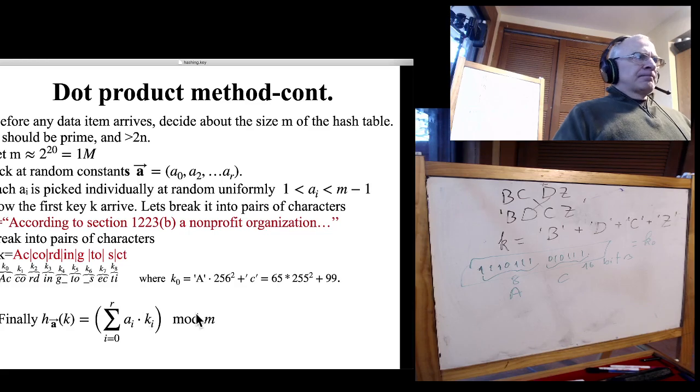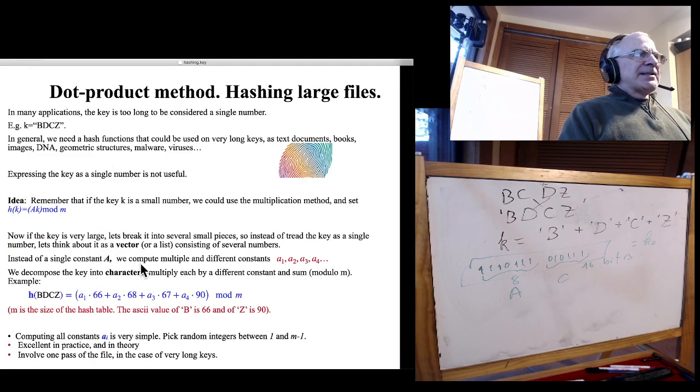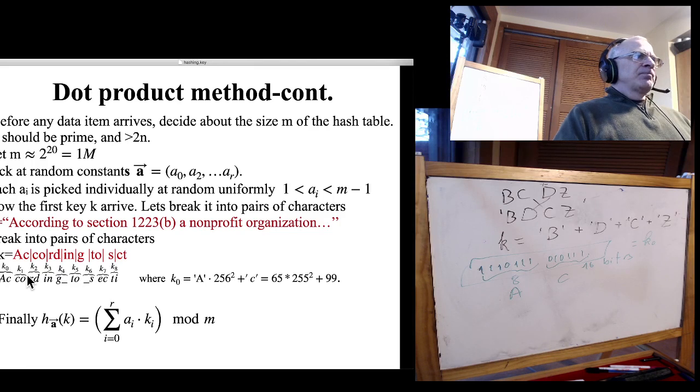So everything that I'm writing here on this slide is just a generalization of everything that happened here in the BDCZ, except that here every character was actually what you know as an ASCII character, so it's 8 bits. Well, in this example, I could be a bit more efficient, and every character should be of 16 bits.